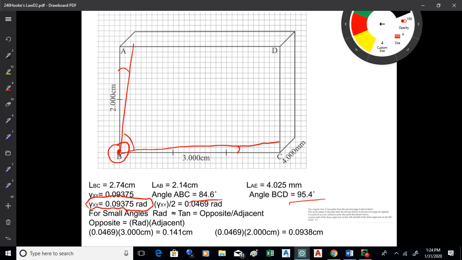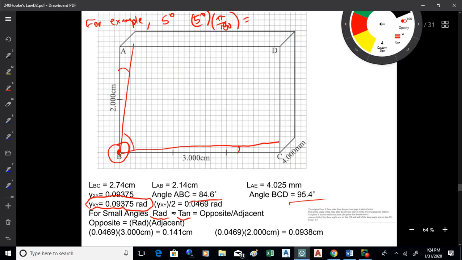Now to get those rotations, I'm going to use the fact that for a small angle, the radian angle is about equal to the tangent, which is opposite over adjacent. We can test that out, just to prove this to you that I'm not just talking here. Let's look at 5 degrees, and that's a pretty big deformation really in reality.